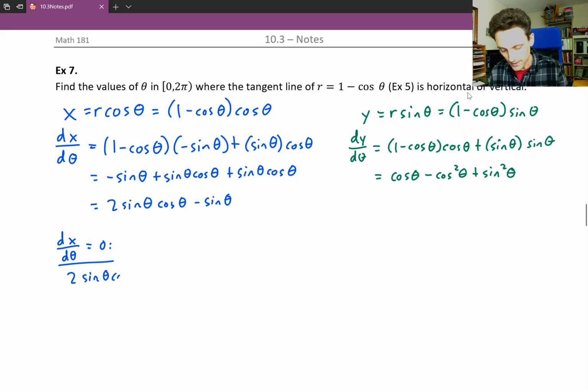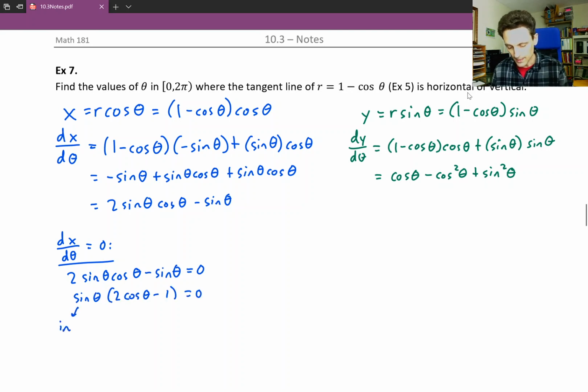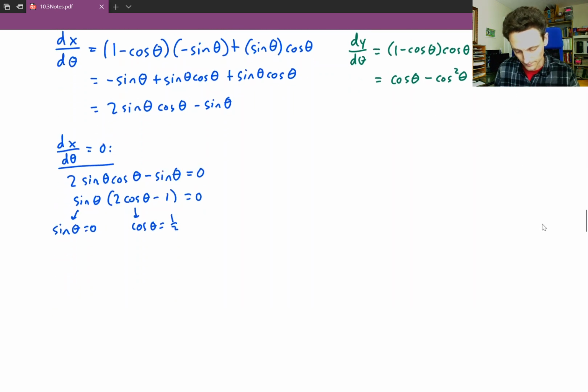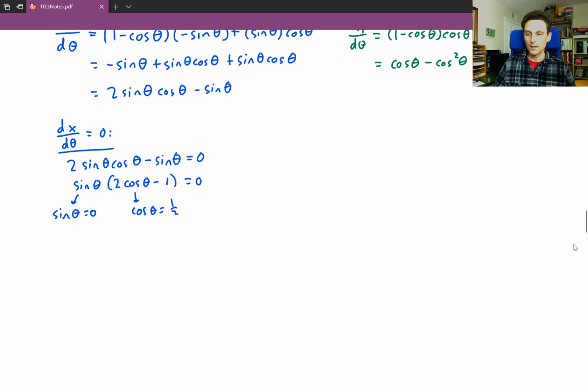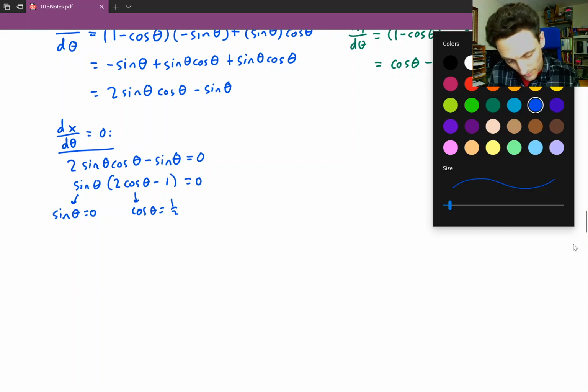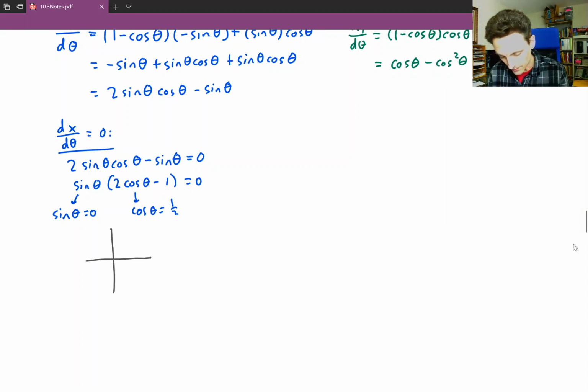We have 2 sine theta cosine theta minus sine theta equals 0. Here we can factor out a sine, and we'll have 2 cosine theta minus 1 left. So we get sine theta equals 0 and cosine theta equals a half. Let's draw a little unit circle so we can show where all the solutions are to both those equations.